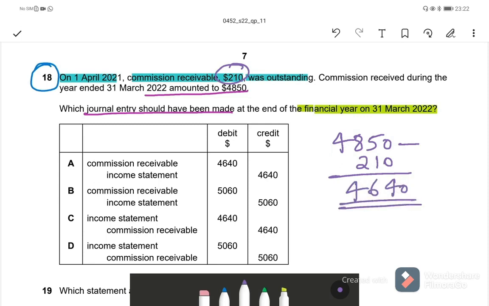Commission receivable is an asset and commission received is an income. All incomes are credited in the income statement. So commission receivable account debit and income statement credit. So the first part is correct, but the amount in the second one is wrong. This one is the amount correct. So the correct answer is option A.